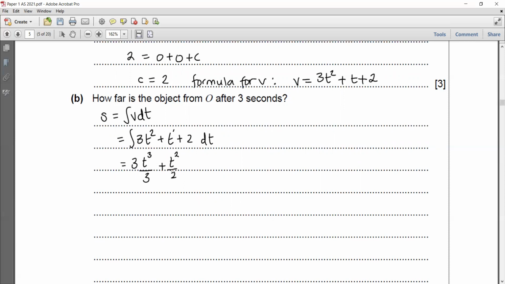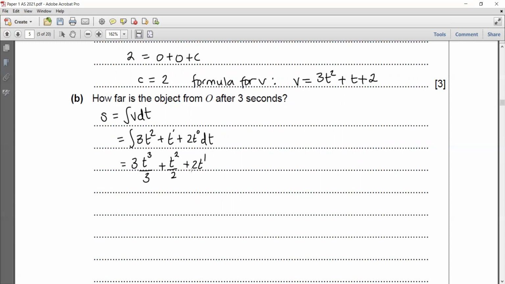Then I divide by 2. And then here, keep in mind that this is t to the power of 0, because t to the power of 0 is equal to 1. So I have 2 times 1. So at the top, you add a 1. So I will have my 2 there, it's not going anywhere. And I have t to the power of 0 plus 1, which is 1.